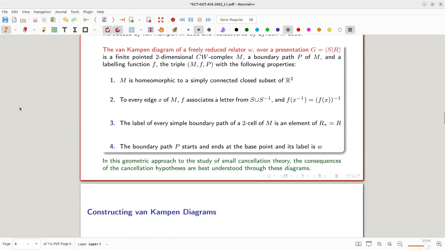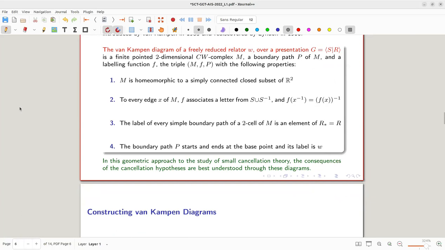And what it says is this two-dimensional complex is homeomorphic to a simply connected closed subset of R2. To each edge of M, this function f assigns a letter from the generating set.